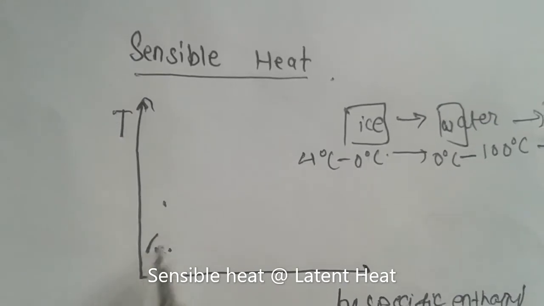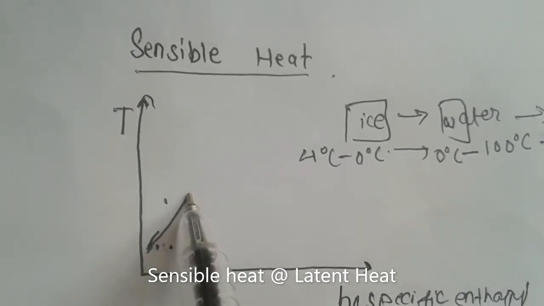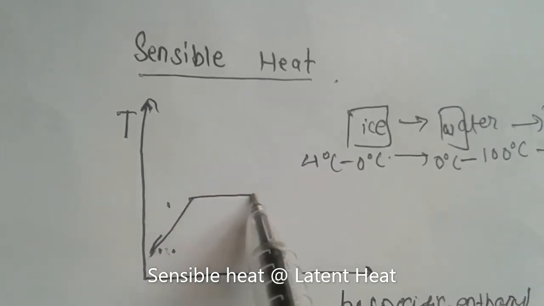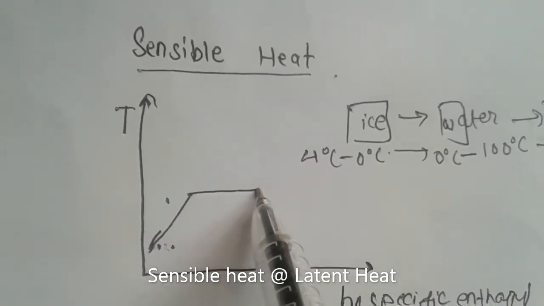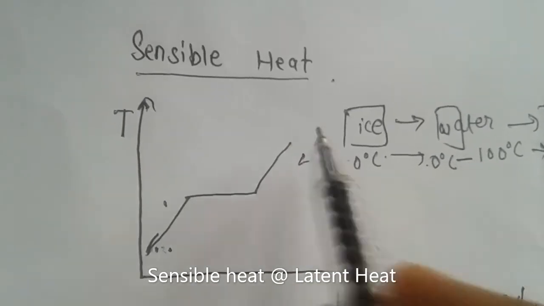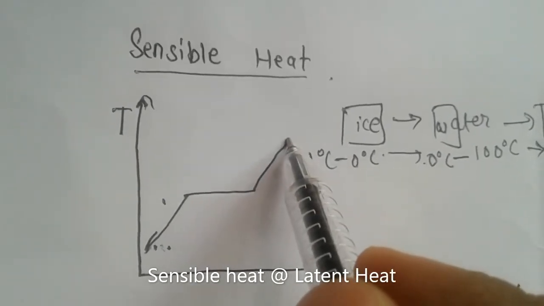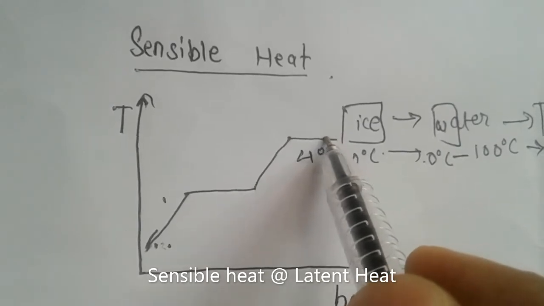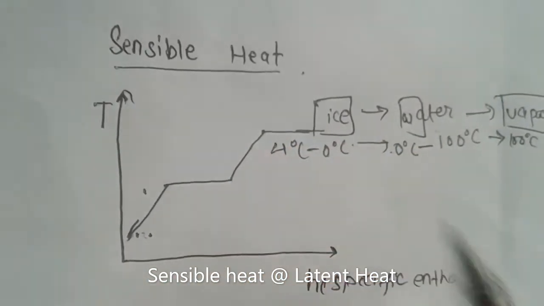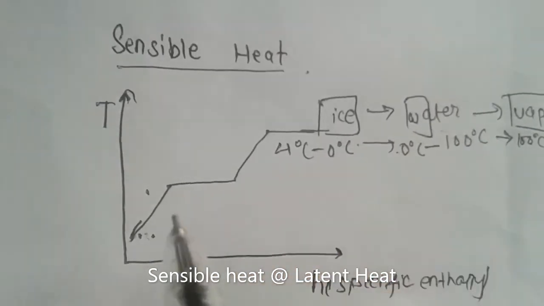First the temperature rises, then at 0 degrees it stays at constant temperature. Again the temperature rises from 0 to 100 degrees Celsius, then at 100 degrees Celsius it is again at constant temperature.